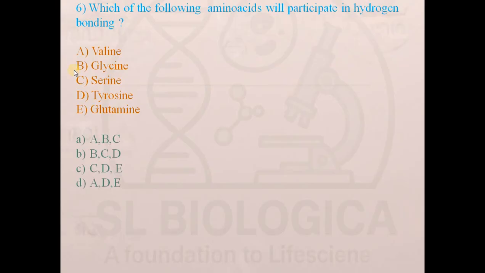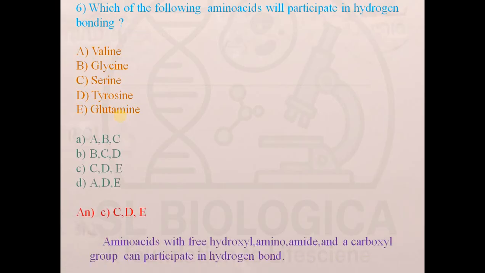It will be serine, which contains an OH group; tyrosine, again containing an OH or hydroxyl group; and glutamine, containing an amino group. So the option is C, which consists of the combination of C, D, E. Amino acids with free hydroxyl, amino, amide and carboxyl groups can participate in hydrogen bonding.